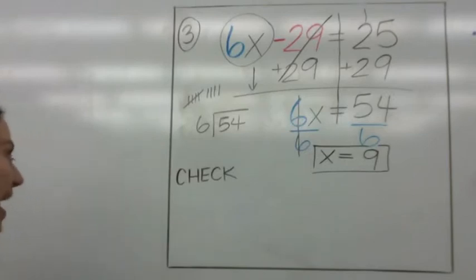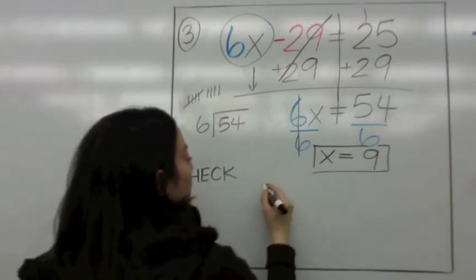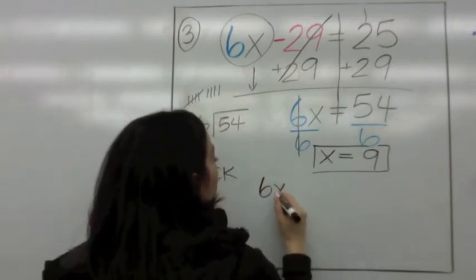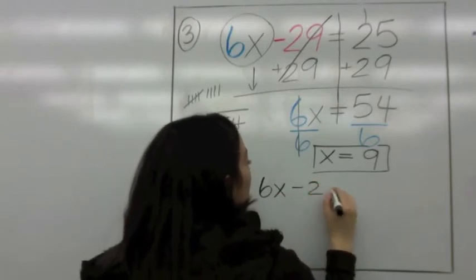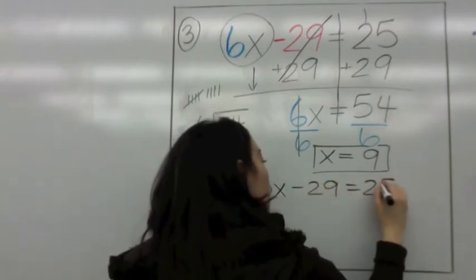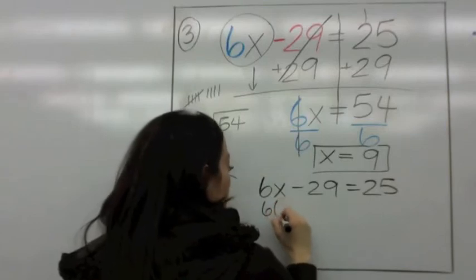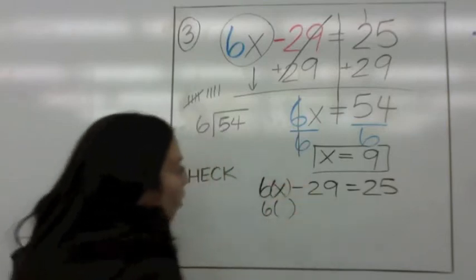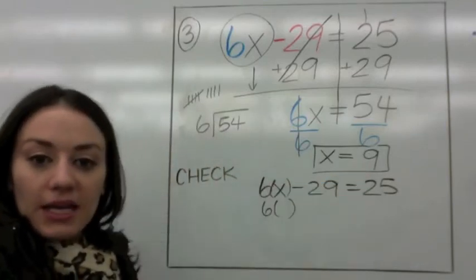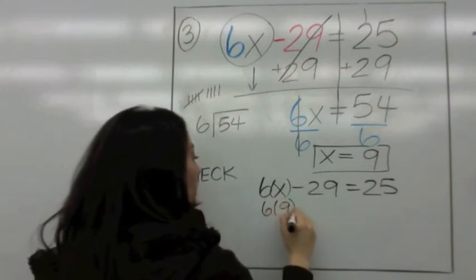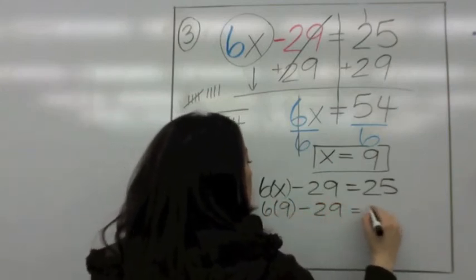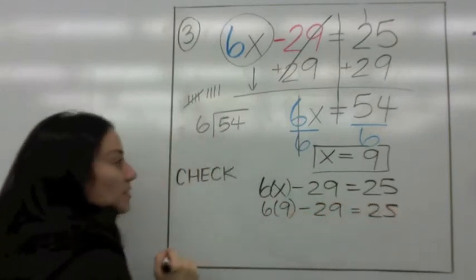Let's check our answer, where x is 9. Let's write the original equation. 6x minus 29 equals 25. Okay, so 6 in parentheses. What is x? Again, x is 9, minus 29. Does it equal 25? What's 6 times 9?